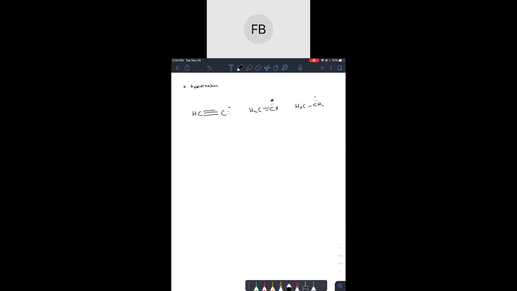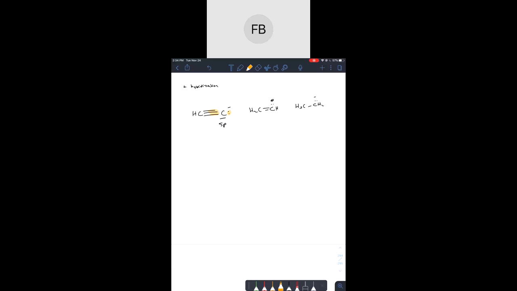So I'm just going to write down the hybridization of each of these carbons. This carbon is just going to be sp, because it's all about areas of electron density. These triple bonds together create one area of electron density, and the one lone pair is another area of electron density.